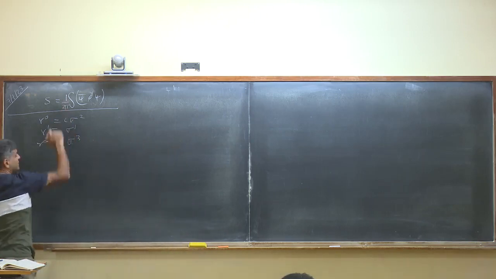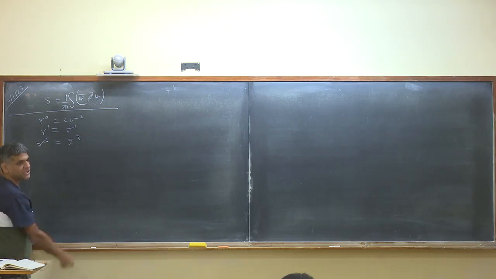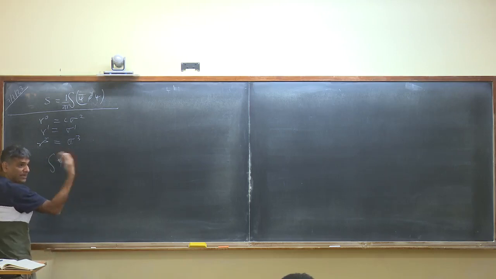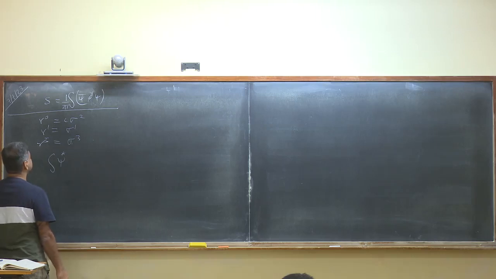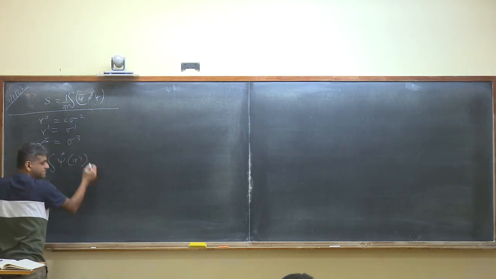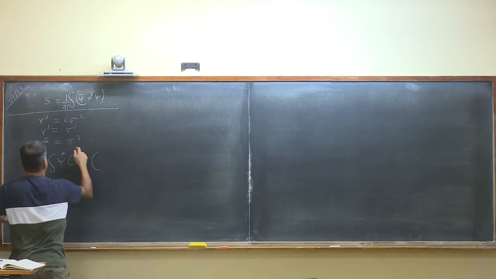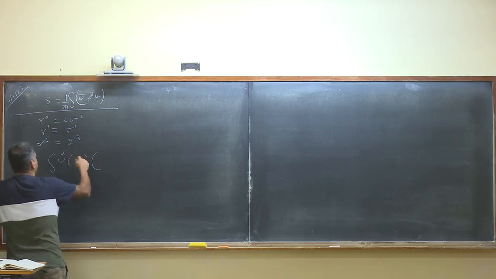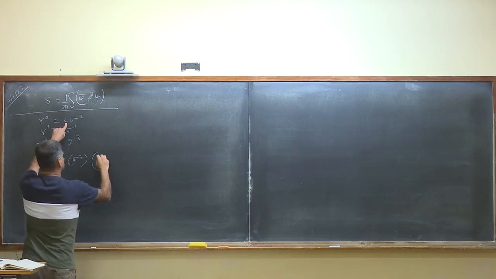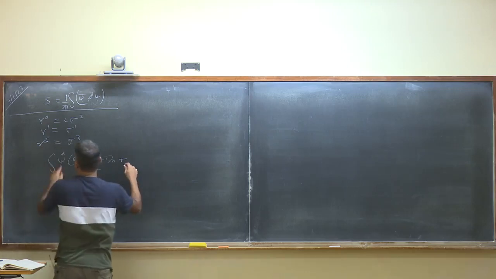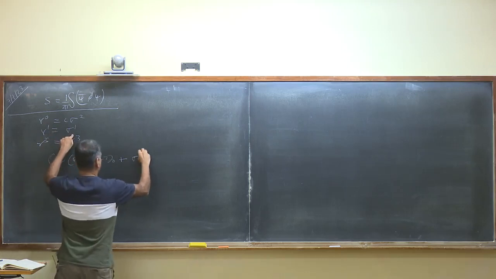So I'm not carrying this 1 over 2 pi along, partly because I may have to change it. So this is psi star. Psi bar is psi star with a gamma 0. Gamma 0, which was i sigma 2. Then we have gamma 0, so i sigma 2, then del 0, plus sigma 1 times del 1.